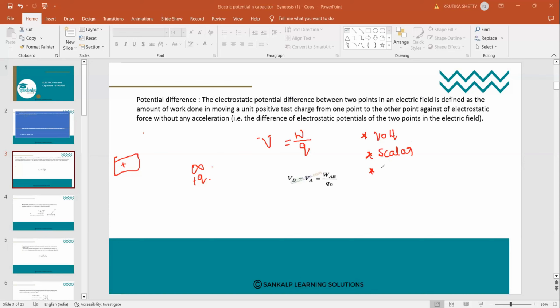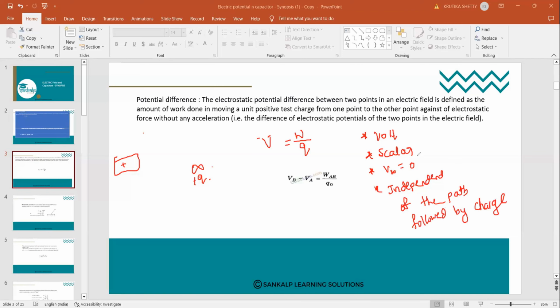The electric potential at infinity distance will always be 0. Then, the electric potential is independent of the path followed by the charge.